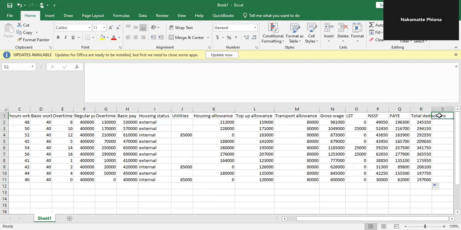So we are able to get the net pay of each employee to be gross wage minus total deductions.